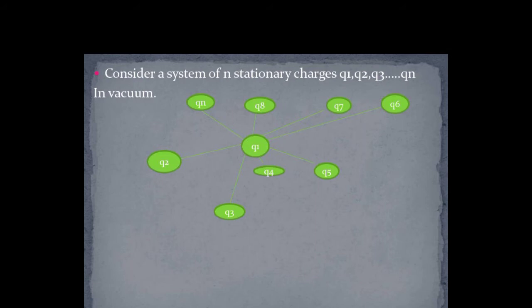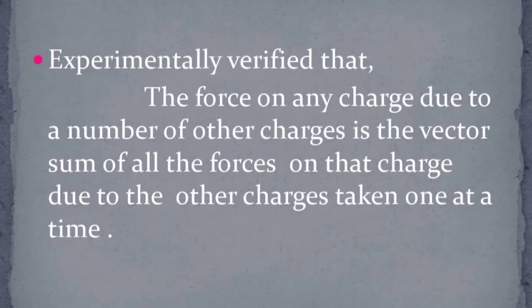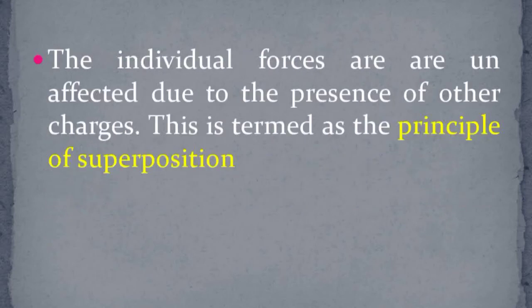Q1 is the middle charge, and the other charges surround Q1. It is experimentally verified that the force on any charge due to a number of other charges is the vector sum of all the forces on that charge due to the other charges taken one at a time. The individual forces are unaffected by the presence of other charges. This is termed the principle of superposition.